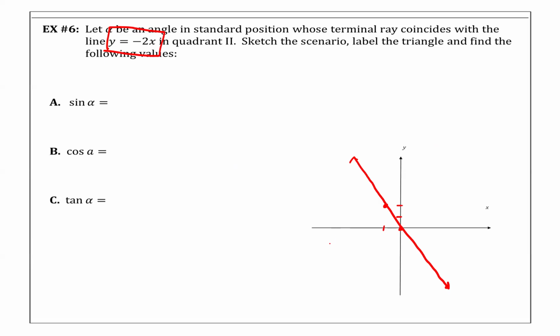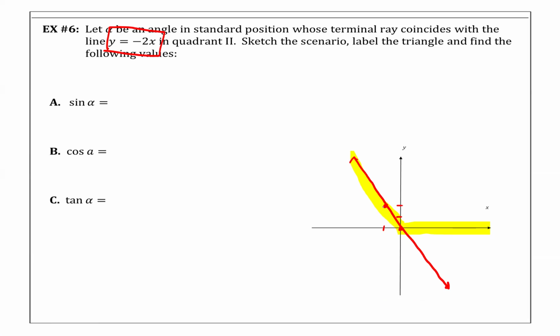All right, so here's where it is. So when we're analyzing this, we have our initial side here, and this piece is our terminal side. Okay, so once we're here, we're going to figure out its values.